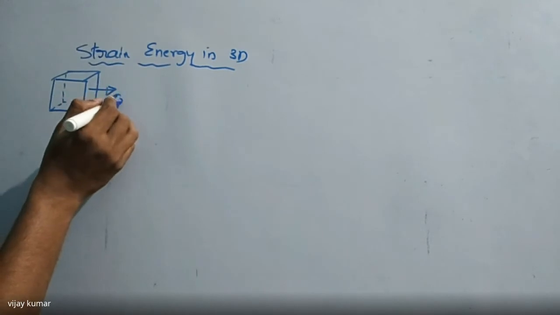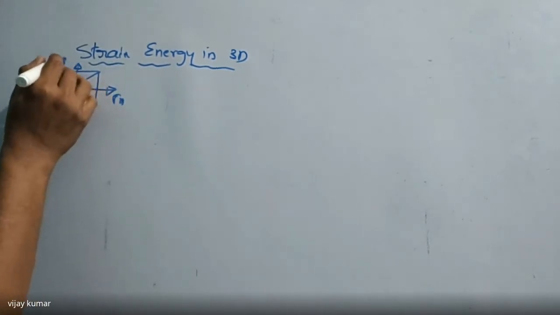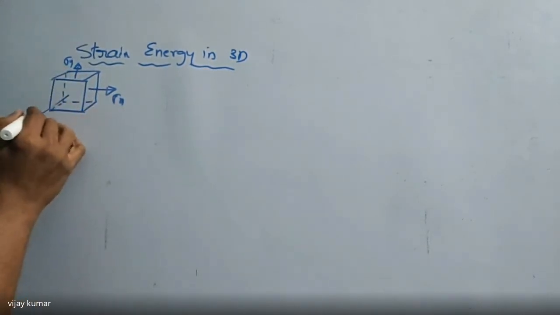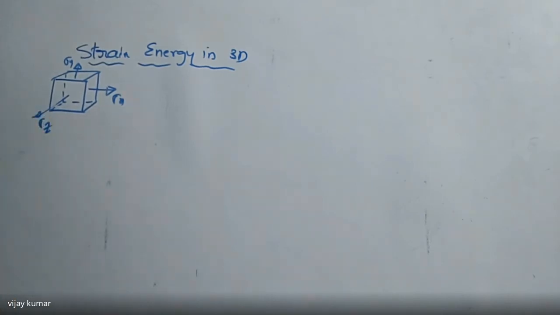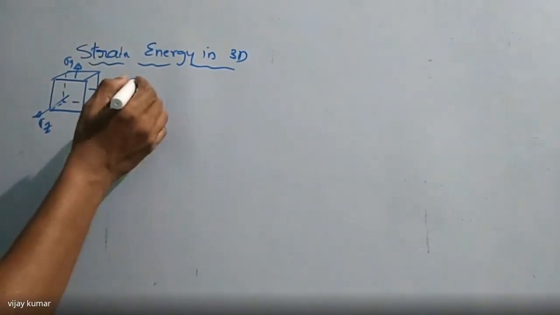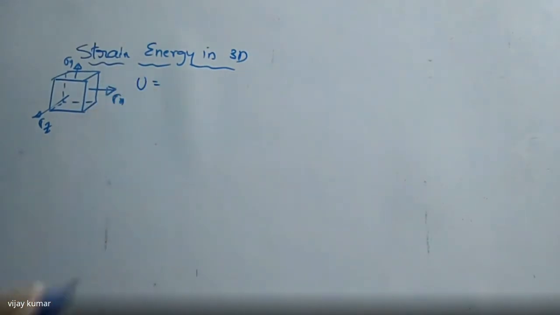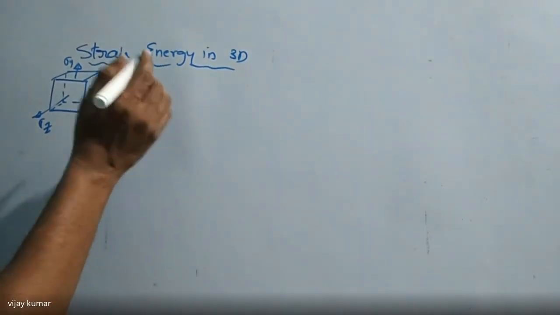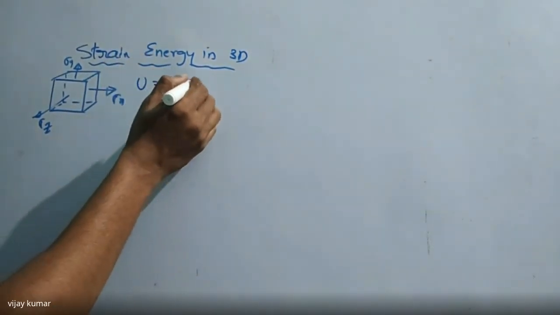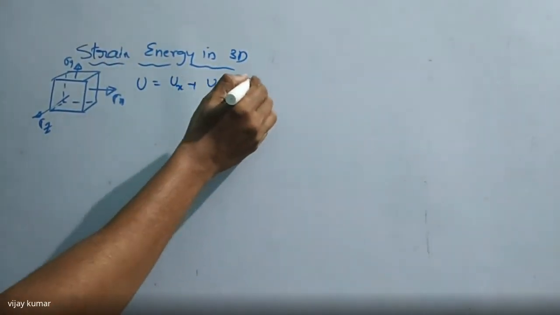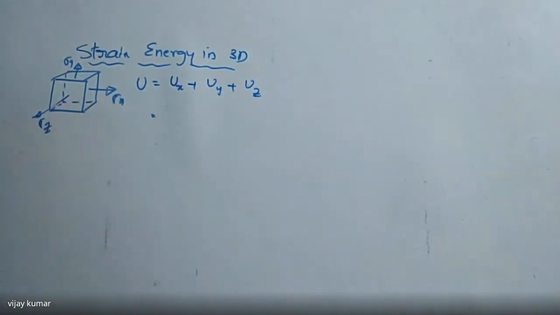Sigma x, sigma y, sigma z. Okay. So what is the total strain energy? We know the total strain energy is equal to how much? U is equal to ux plus uy plus uz.